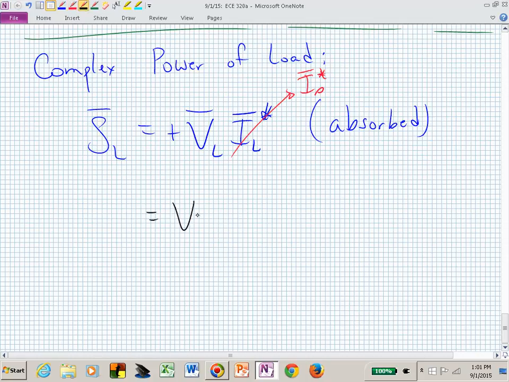Now we can say, okay, well, do I really have to find V sub L explicitly? No, not necessarily. V sub L is just the load impedance times the current going through it.